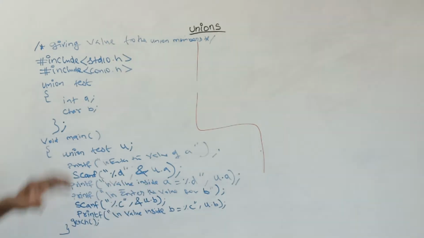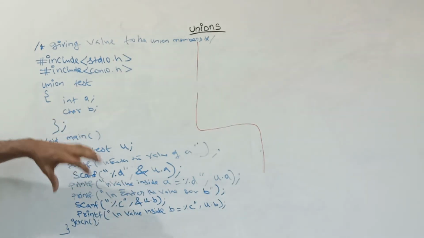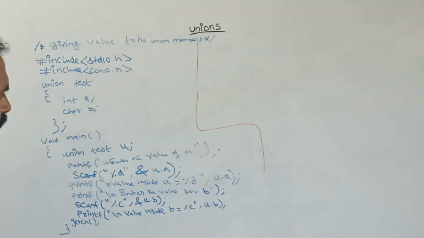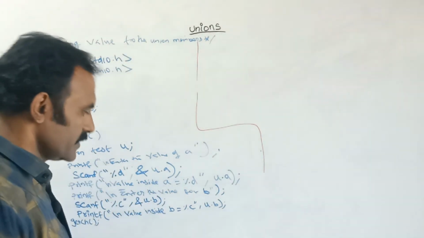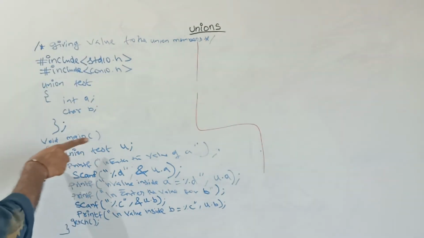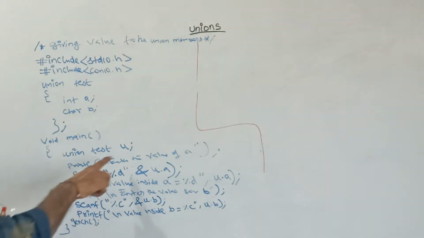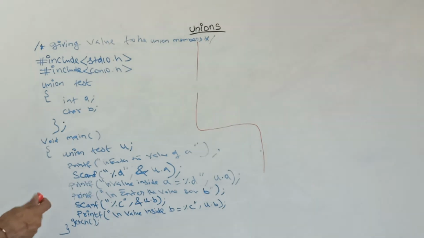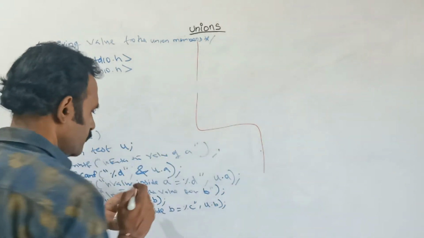We are going to see how to give the value for the union members. See, at a time, and this is important, only a single value we should give. For example, here I am telling it to print, enter the value for A, in the output.